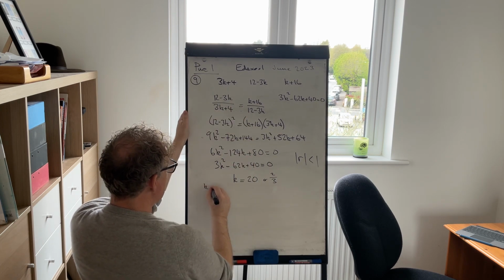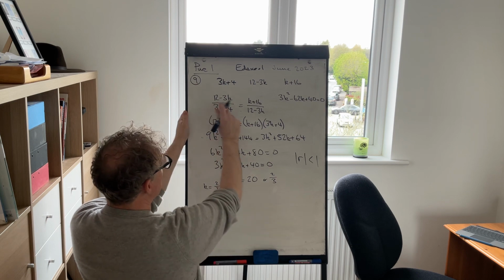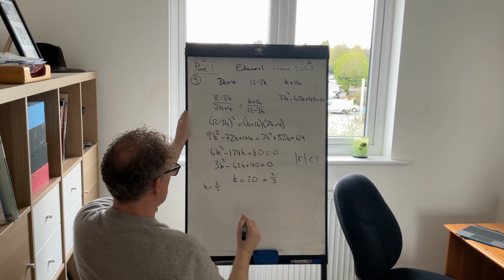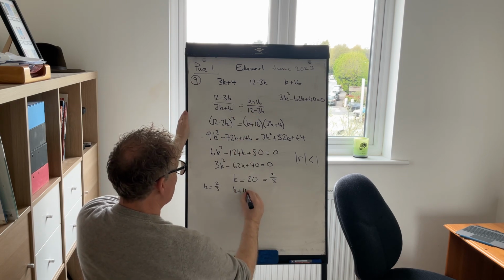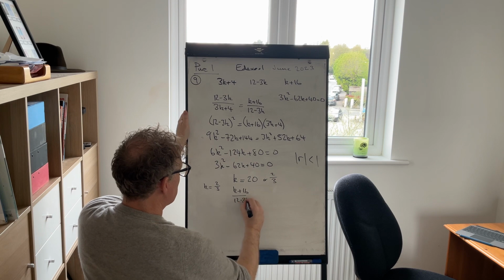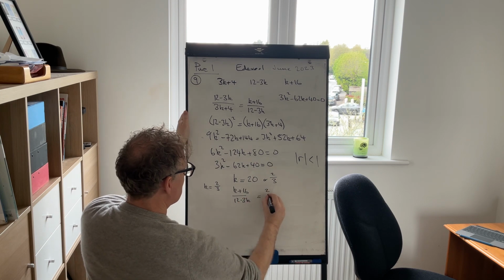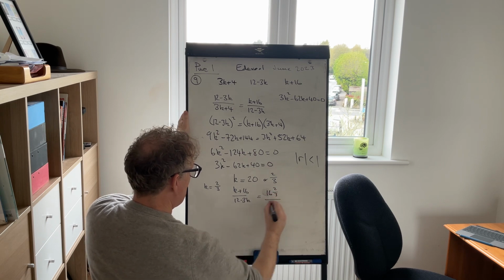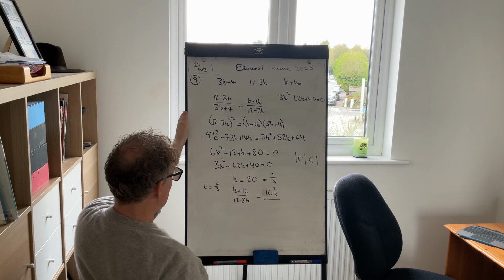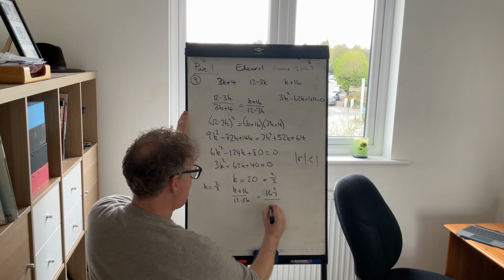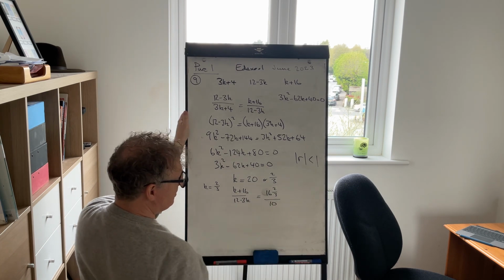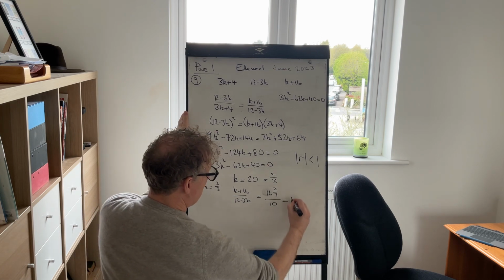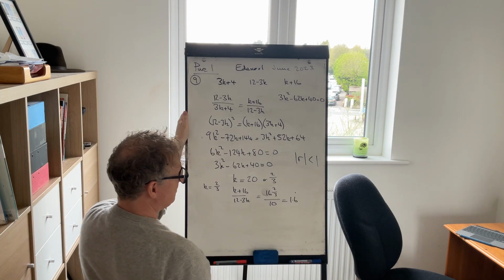So if we put k equals 2/3 into, let's say, this first term, which is a nicer one to use, k plus 16, it doesn't matter which I use obviously, over 12 minus 3k, it's going to be 16 2/3 over 12 minus 2, so 10. So 16 2/3 divided by 10, well, that's 1.6 recurring, 1 2/3.